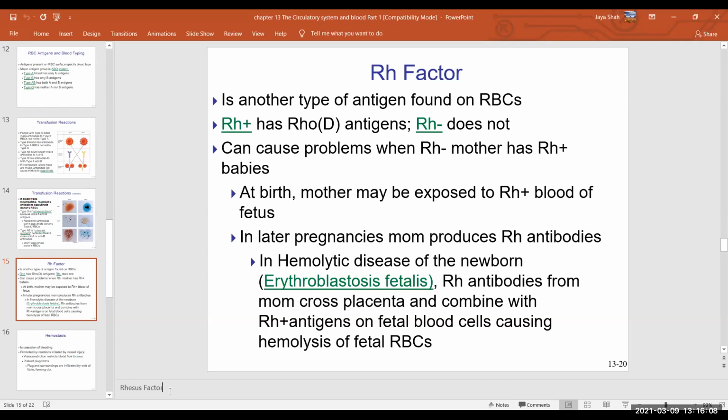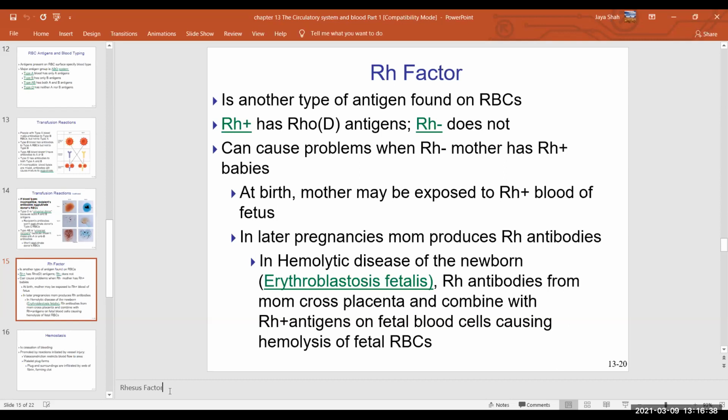So let's see, if a female is Rh negative and the partner is Rh positive, the female gets pregnant and the baby has a 50-50 chance. Either the fetus will be Rh positive or Rh negative. Clear? So if the baby is Rh negative, which is compatible with the mother, no problem at all.